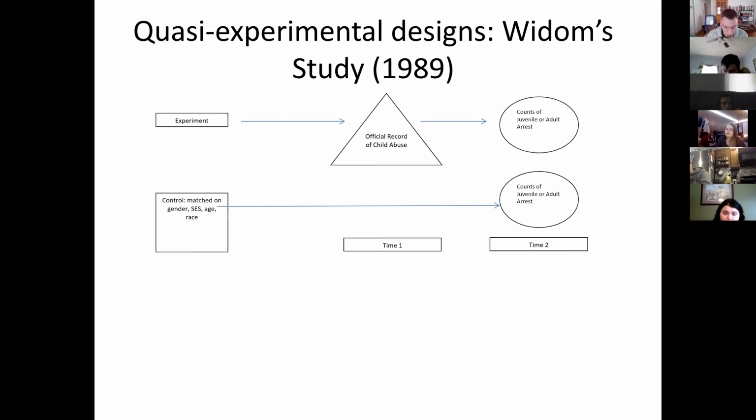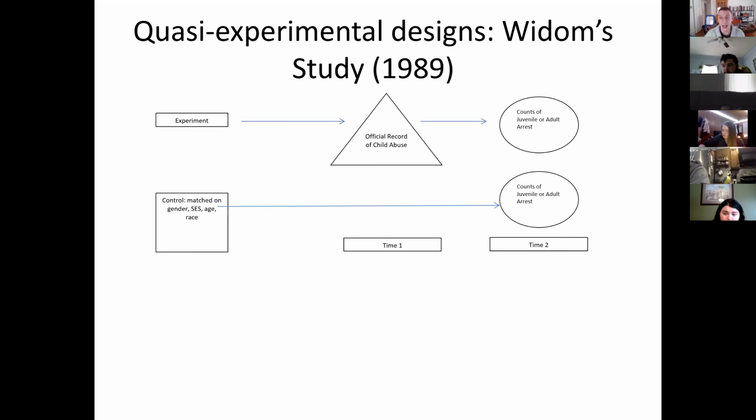Some of them had records of official child abuse, while others did not, and they were matched on gender, socioeconomic status, age, and race. So these kids were the same in every way except one major way, and that was whether or not they had an official record of child abuse.